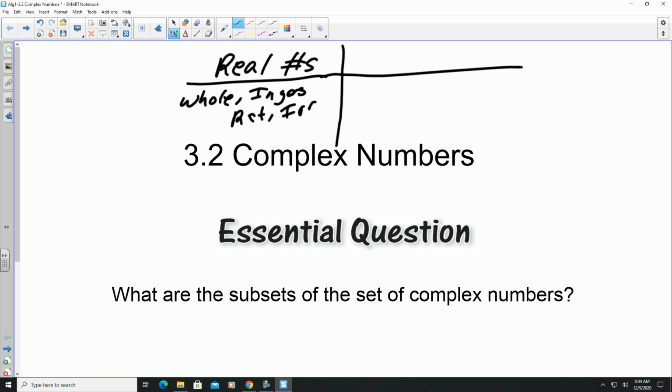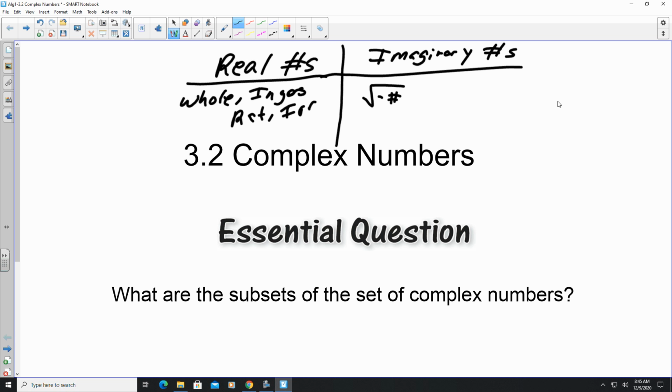On the other side of this, you have what are called imaginary numbers. Imaginary numbers are basically anything where you have a square root of a negative number.